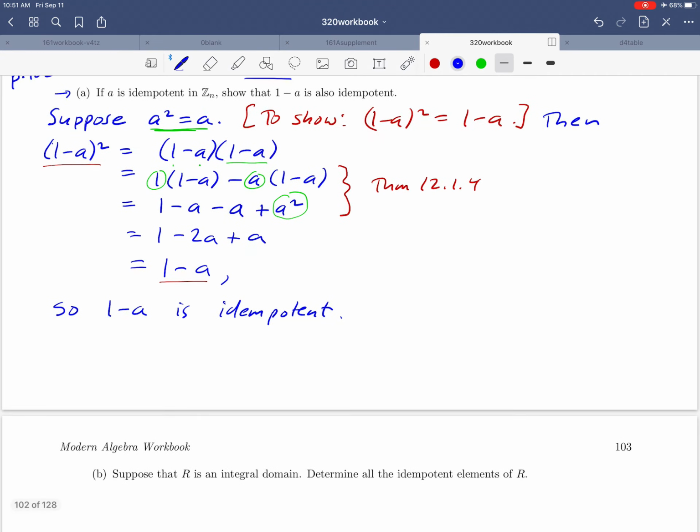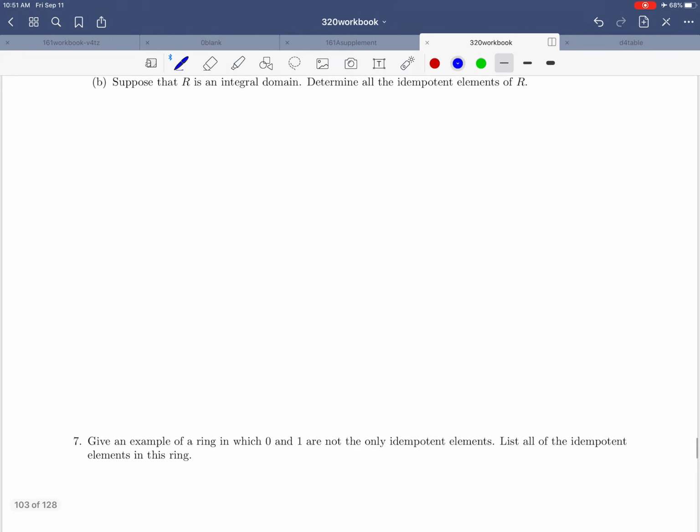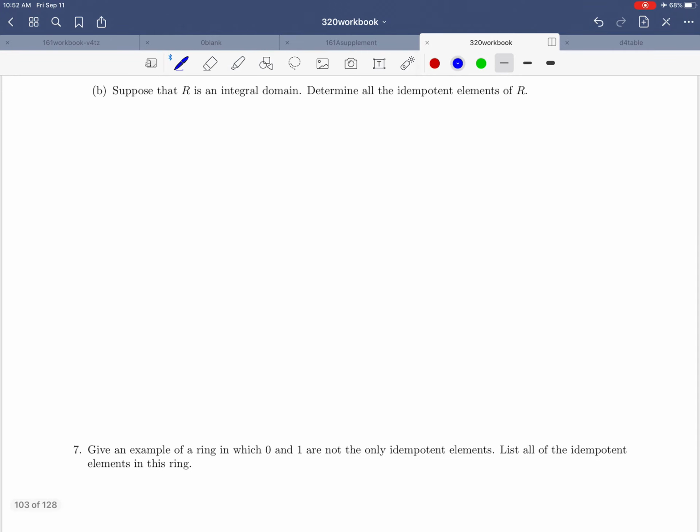And if we scroll to the second page, there's a part B to this problem. So now they'd like us to suppose that R is an integral domain and to determine all possible idempotent elements of R. Supposedly we're going to be able to make a list of all of them. Well, what was the definition of an idempotent element again?